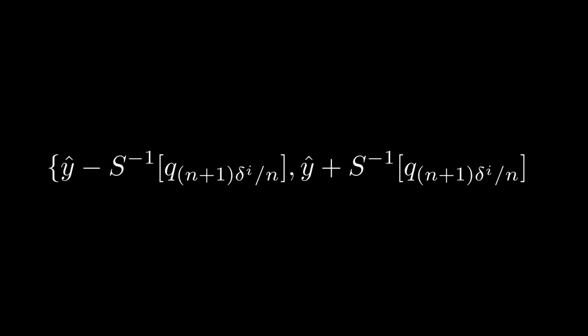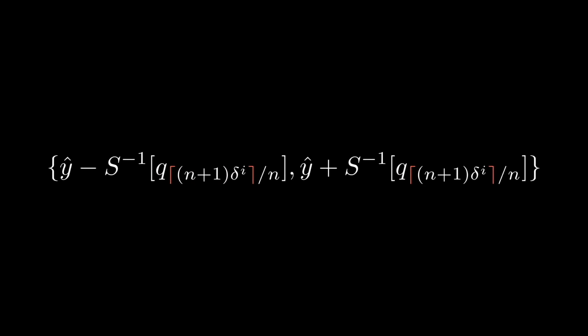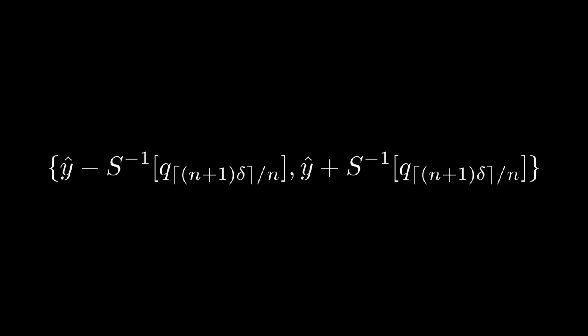How can we account for this in our equation for interval? We simply need to pick the next higher conformity quantile by modifying the term n plus 1 delta I, which can be done by adding a ceiling to the term. We also remove the superscript I from deltas because that superscript is reserved for intrinsic and not arbitrary confidence levels.